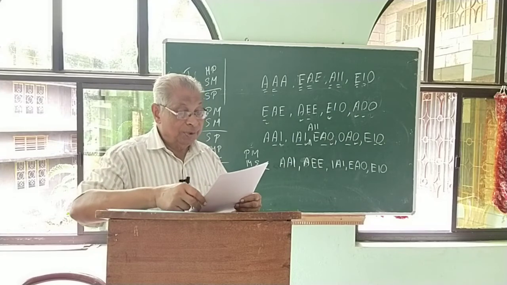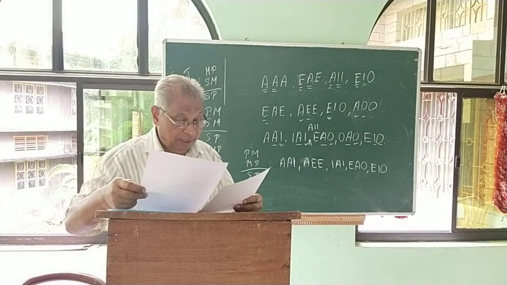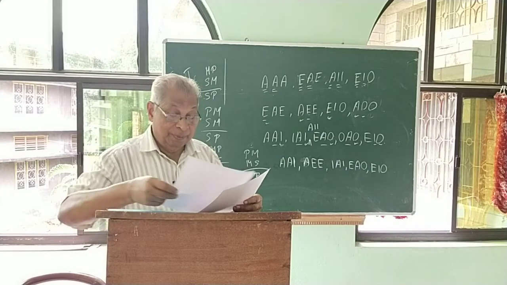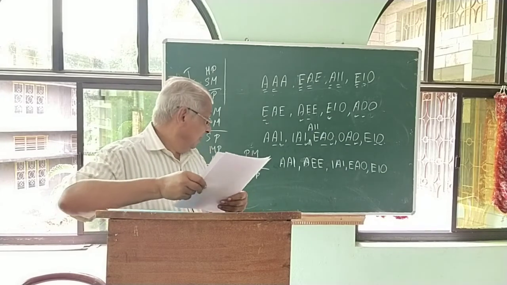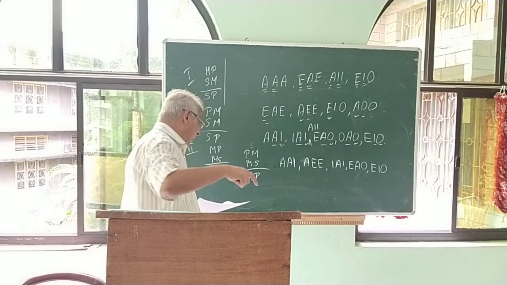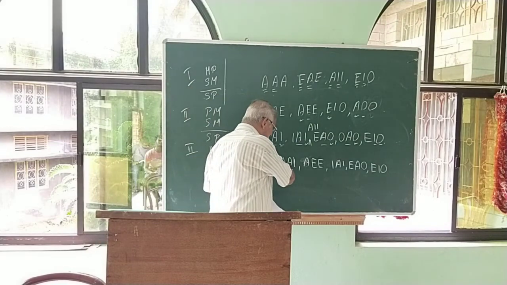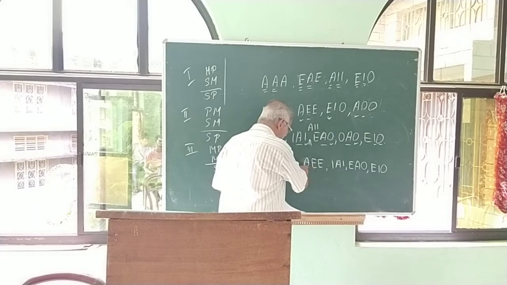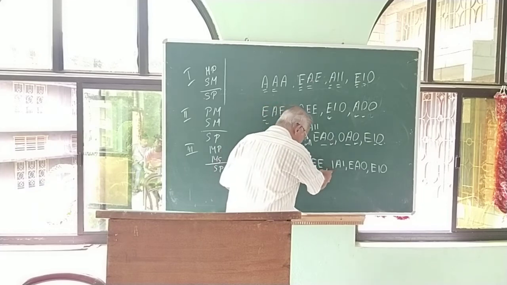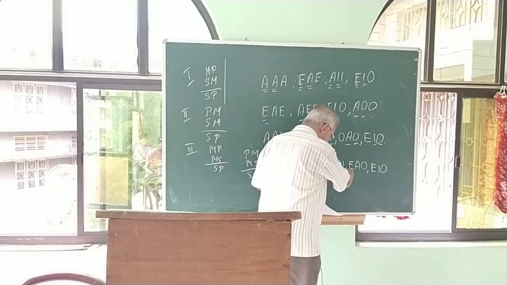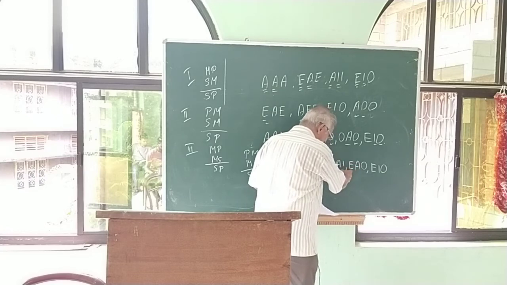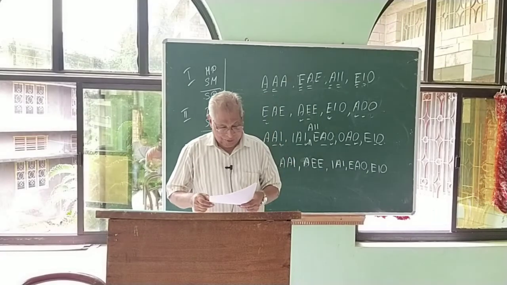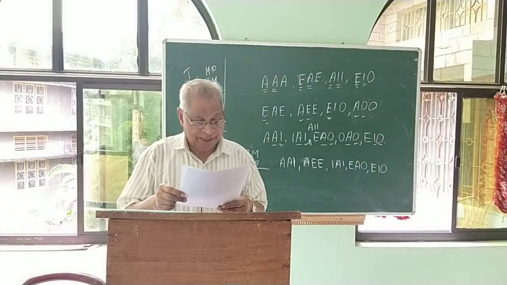Now the rules are: if one premise is negative, the conclusion must be universal. Where any premise is negative, here there is one premise negative, the conclusion is universal. Here nothing is negative. So the first rule is realized.